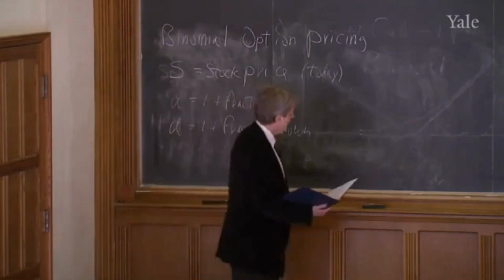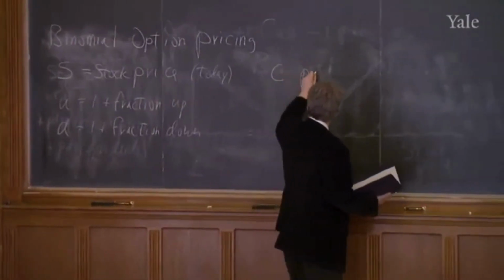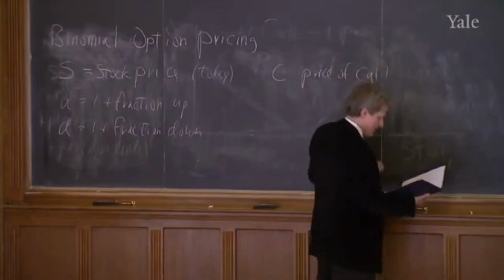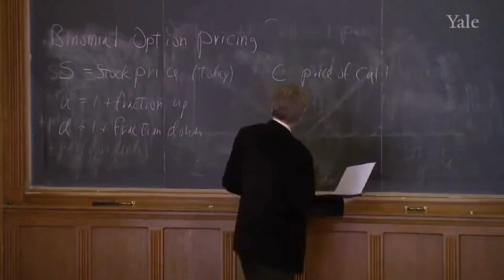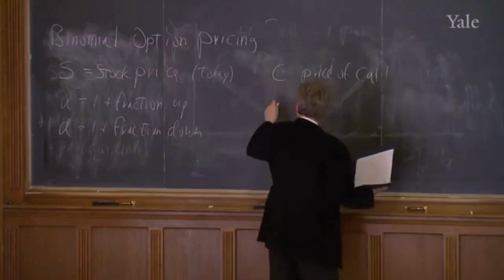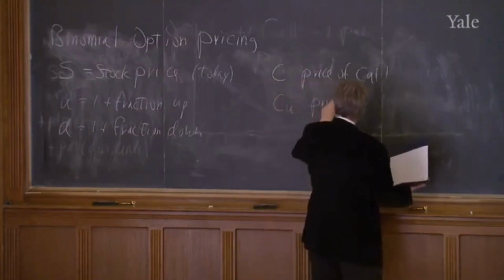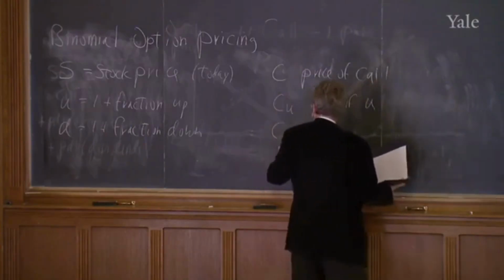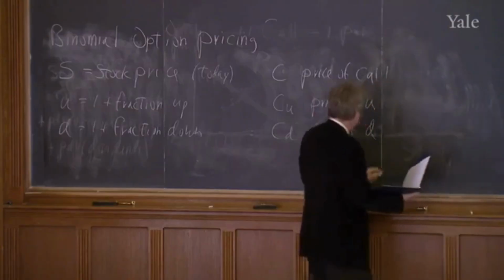But now we have a call option. Call C the price of the call. We're going to try to derive what that is. But we know from our broken straight line analysis, we know what C_U is, the price if the stock goes up, and we know what C_D is, it's the price if down.